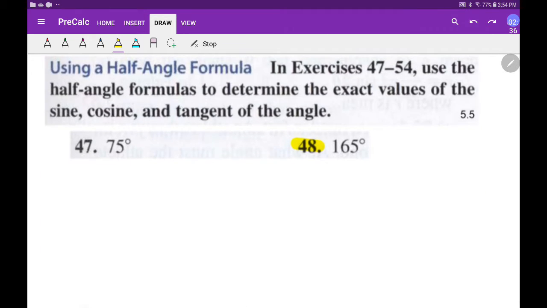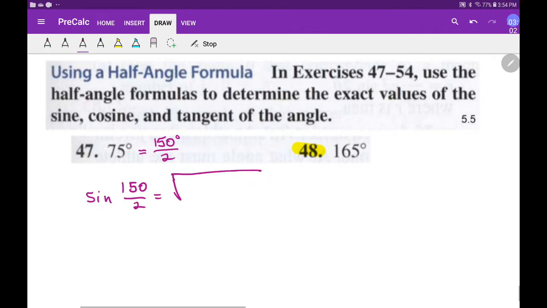So let's take a look at this, and we say, 75. Another way to write that would be 150 over 2, right? 150 degrees over 2. So let's do that. Let's say we're going to do this for the sine, the cosine, and the tangent, all three. Okay, so the sine of 150 over 2 is equal to the square root of the whole thing, right? Look up here.